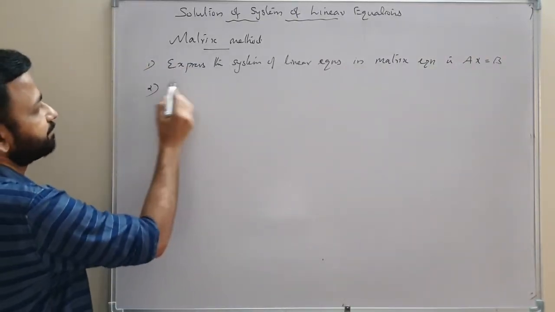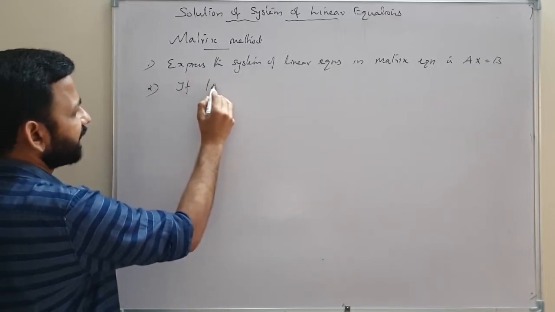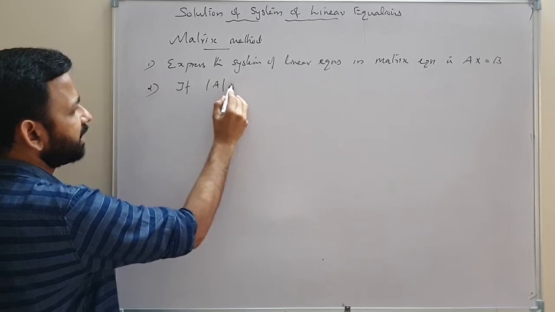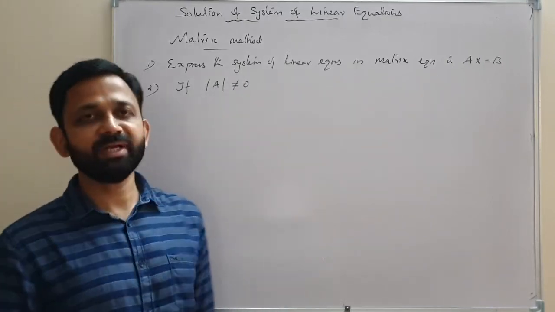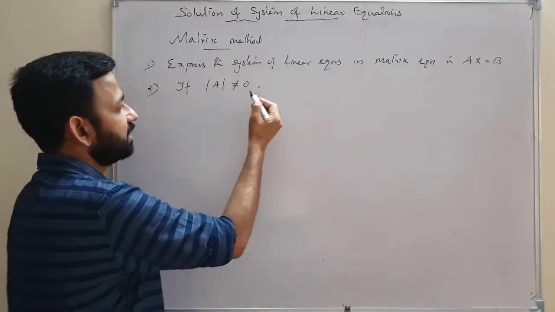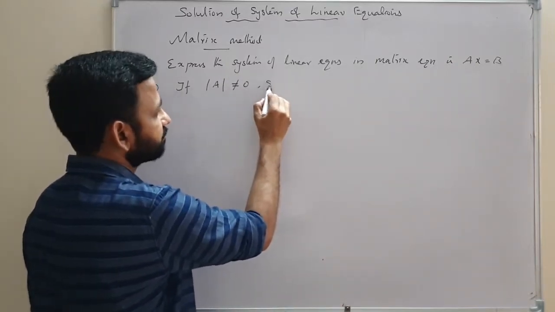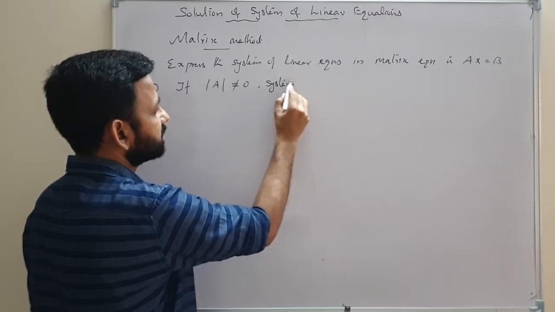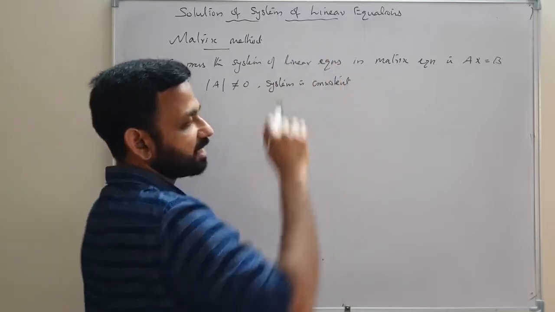Then the second step, we will find determinant A. If determinant A not equal to 0, the system is consistent. Consistent means having a solution.